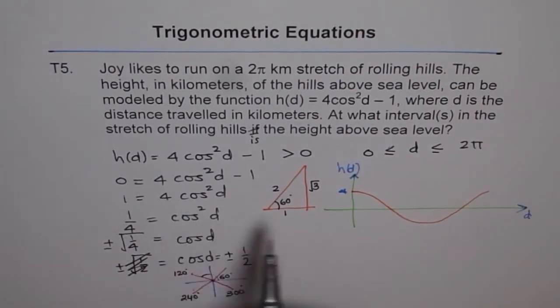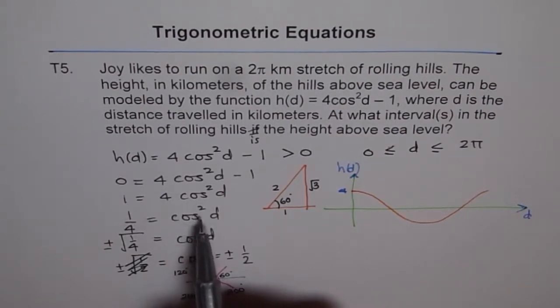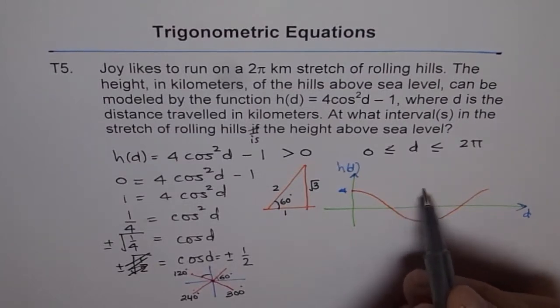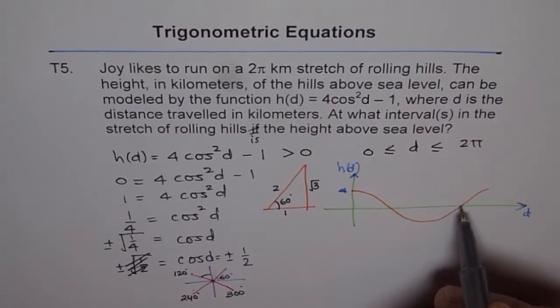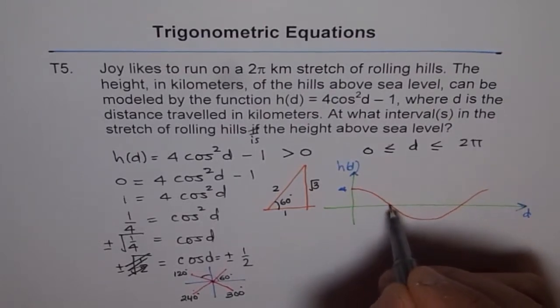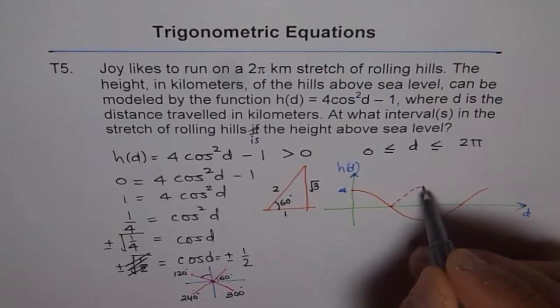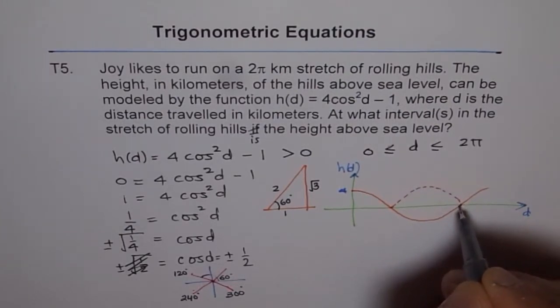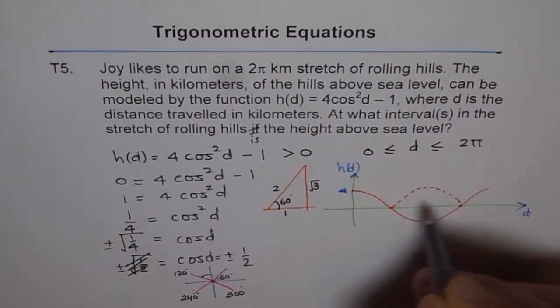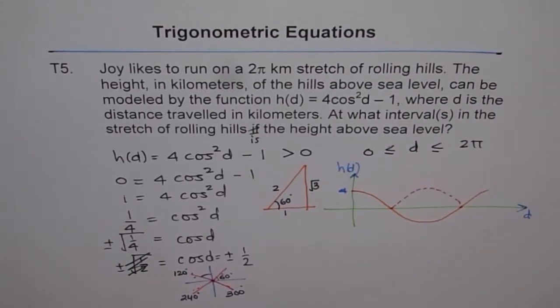Now let's say this is the cos function, then let's see what the cos square function will be. If we are trying to sketch a cos square function, all negatives will become positives. Think like that, right? That means for cos square, 0 will be 0, but this part will get flipped. So this will be kind of like this. So when we have cos square, everything is positive. And that is the reason why we got answers in all 4 quadrants, right?